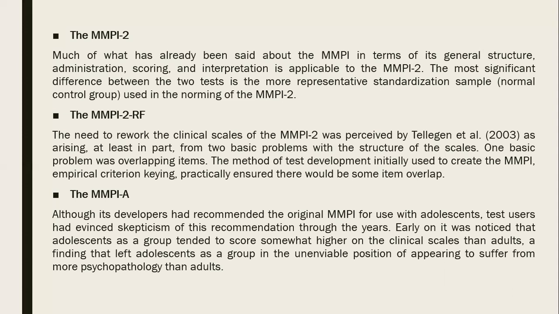The MMPI-A is an empirically based measure of adolescent psychopathology. The Minnesota Multiphasic Personality Inventory-Adolescent aids in problem identification, diagnosis, and treatment planning for youth. It also contains adolescent-specific scales and tailored reports for particular settings.